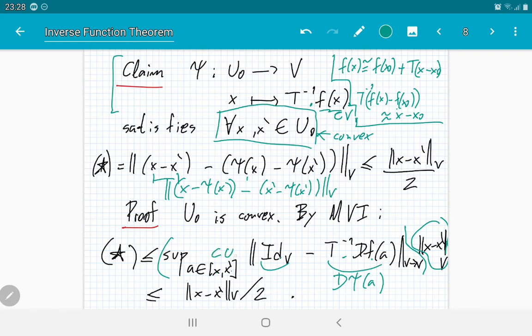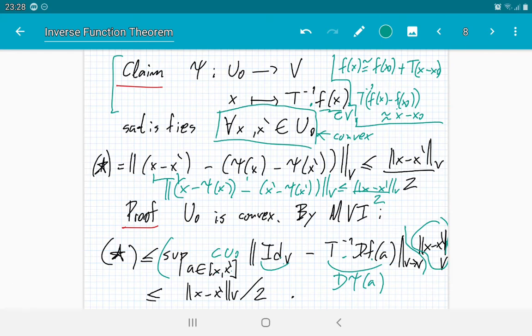So this segment is contained in u naught by convexity. And we chose our ball so that the distance between identity and t minus 1 df at a is less than or equal to a half. Therefore, we've shown that this difference here is less than the norm of x minus x prime over 2, which is what we wanted to argue.